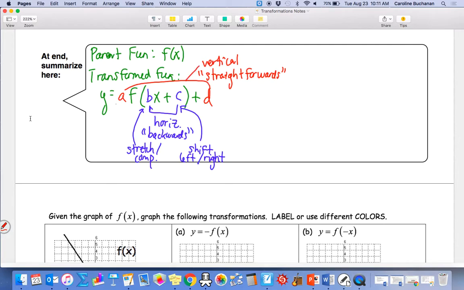And to recap what happens, the number out front is again our vertical stretch or compression factor. The number we add or subtract is our vertical shift, which is going to go up or down.